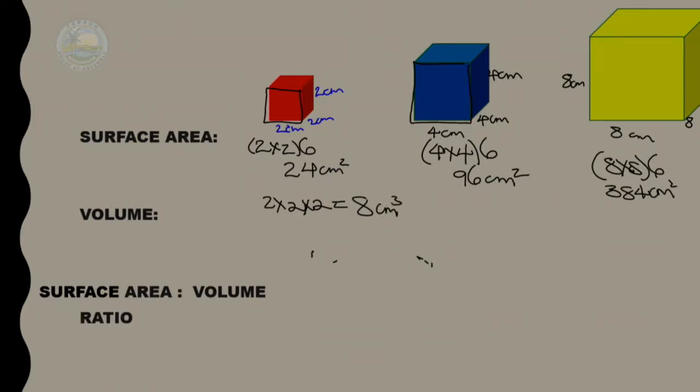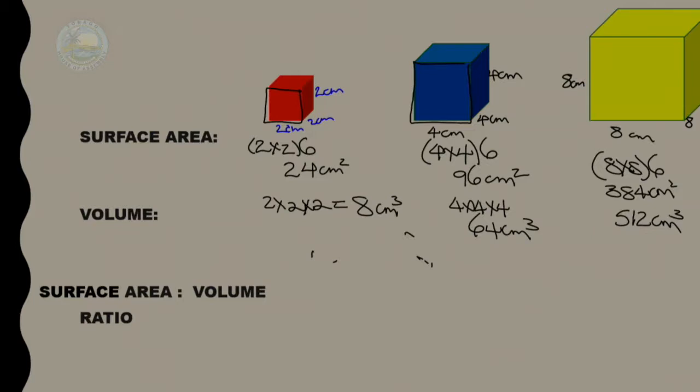The volume here, 4 by 4 by 4, we'll get 64 centimeters cubed. And the volume of the big yellow cube is 8 by 8 by 8, which will give us 512 centimeters cubed.